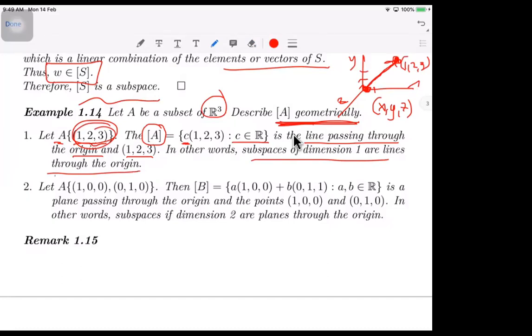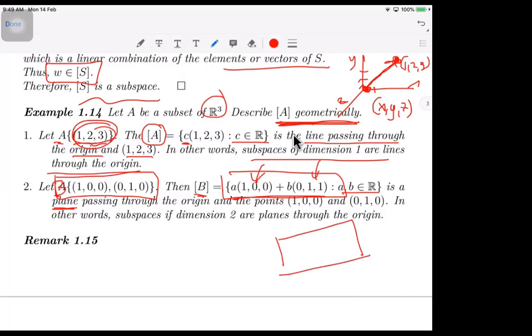Say, for example, you have a set B with the points 1, 0, 0 and 0, 1, 1. The span of B is the linear combination a times the point 1, 0, 0 plus b times the point 0, 1, 1, where a and b are constants, and it is a plane. So it is a plane, like a sheet of paper, passing through the origin and these points.